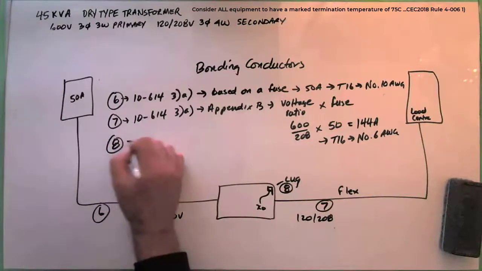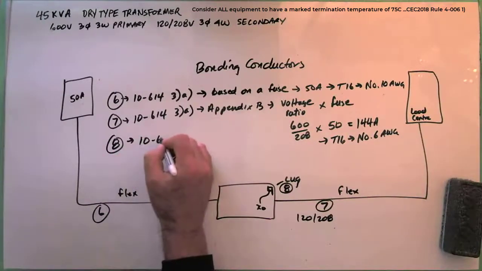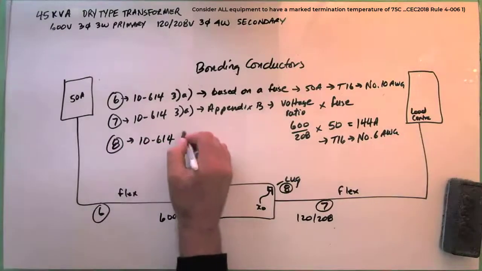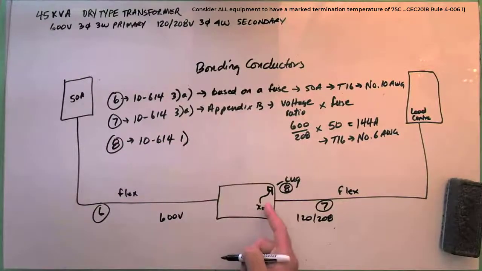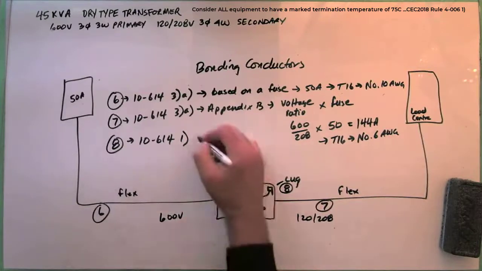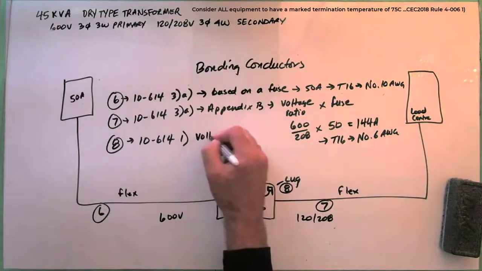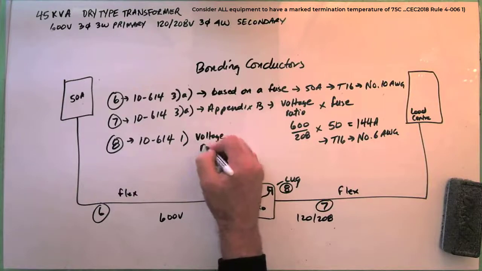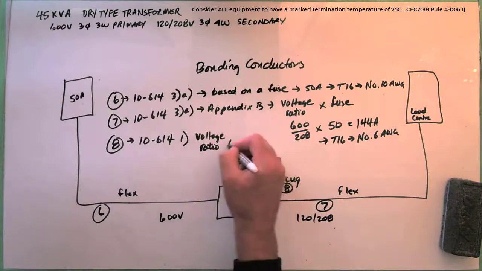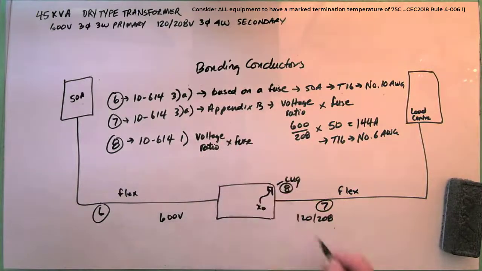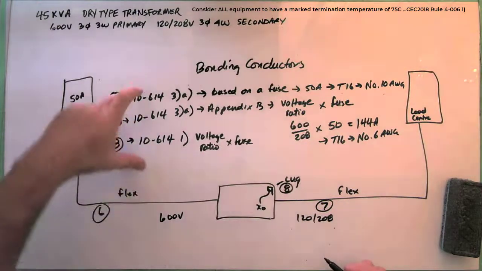Number 8, rule 10-6-14, 1. You know what they say there for bonding jumper? Take your voltage ratio times the fuse. Same rule. You really got to look at the Appendix B and these rules.